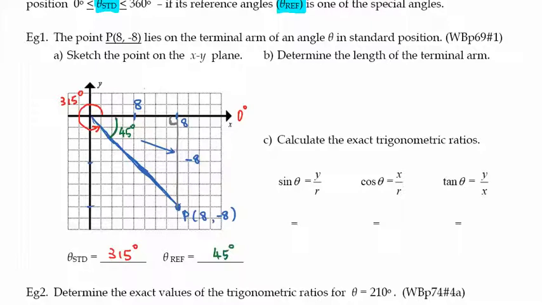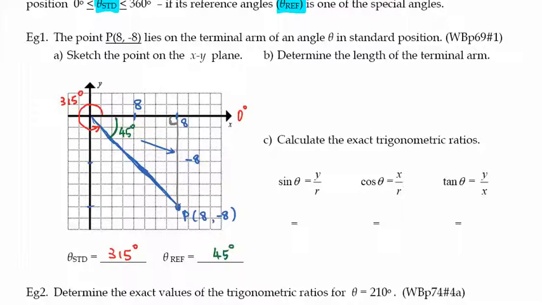But we are going to hang on to this for now and calculate the hypotenuse of this right triangle. Using the hypotenuse of this right triangle, we can then calculate the sine ratio and the cosine ratio. Both of them will involve the use of hypotenuse.